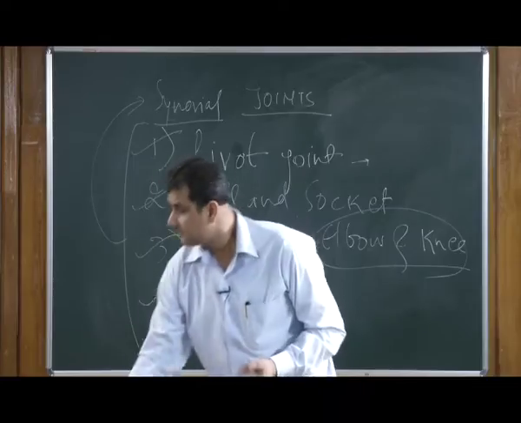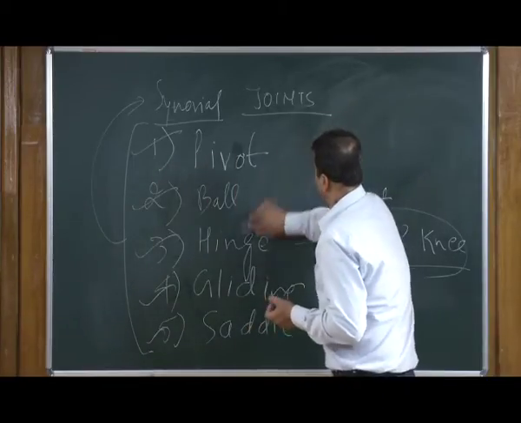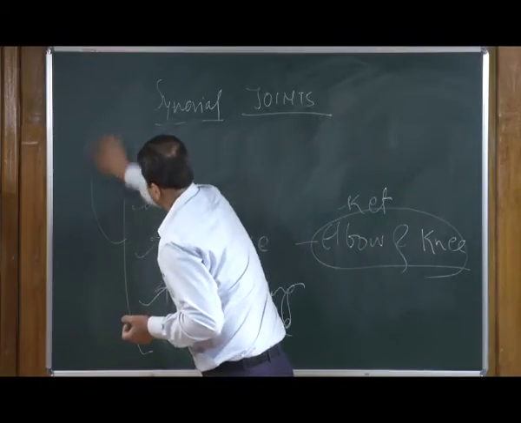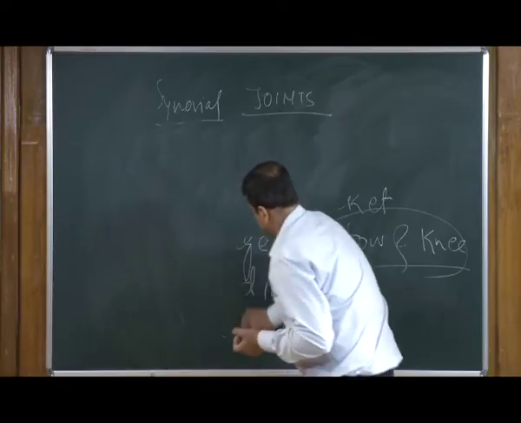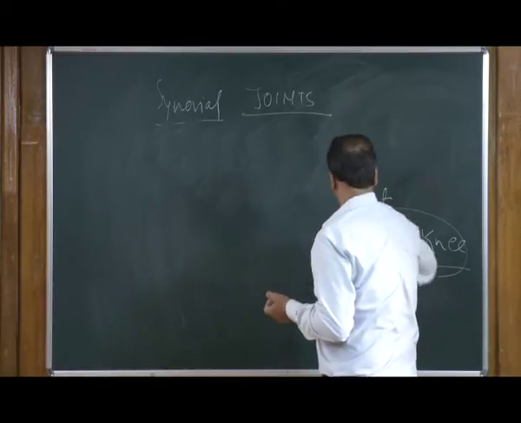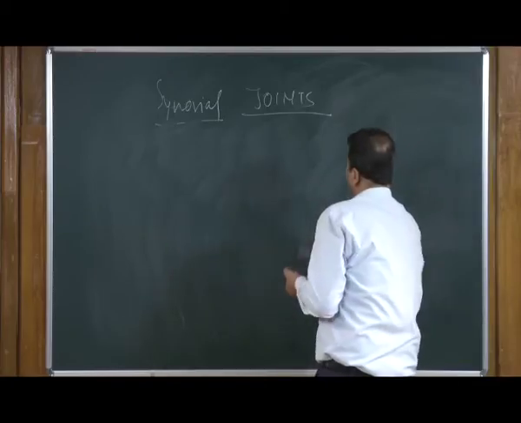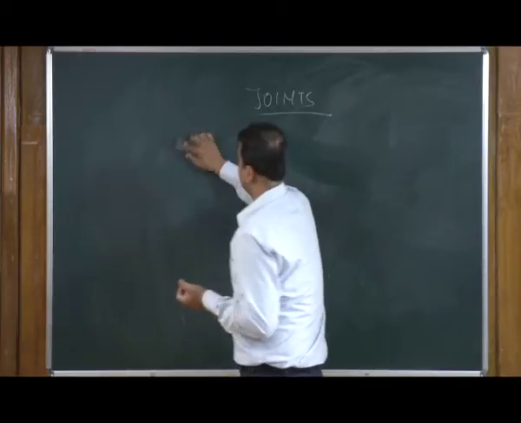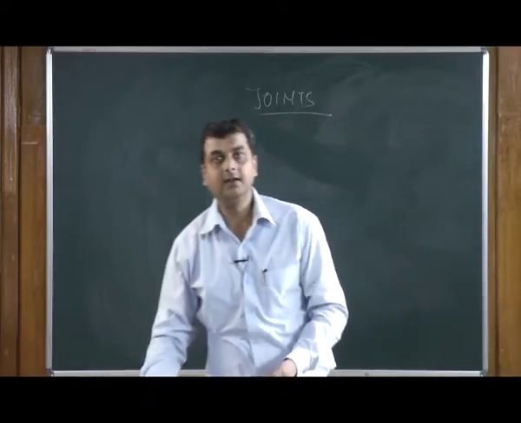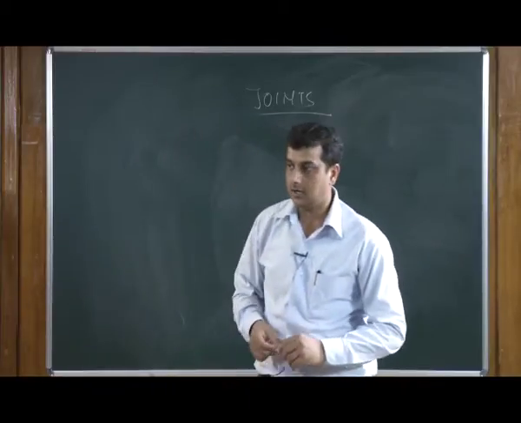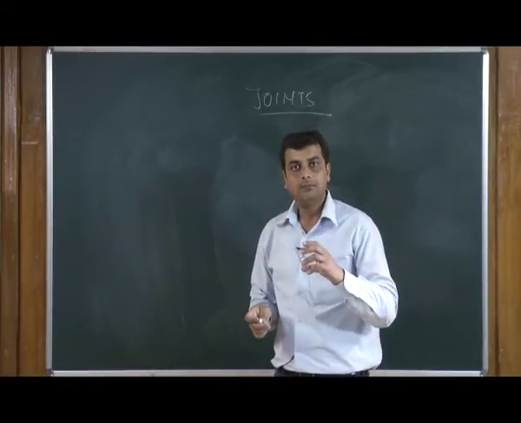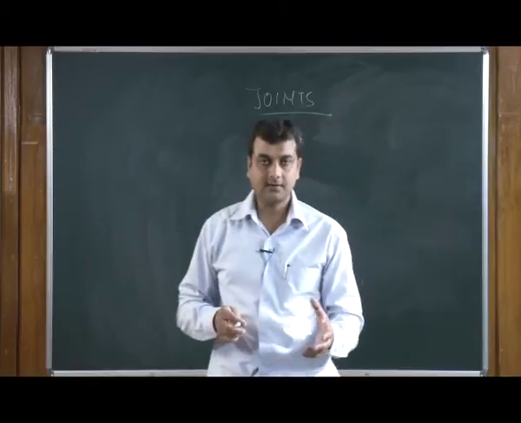So let's see some important problems associated with joints. Our joints, as I said, are very important, and any problem in the joints can lead to various complications. There are many problems associated with the joints.